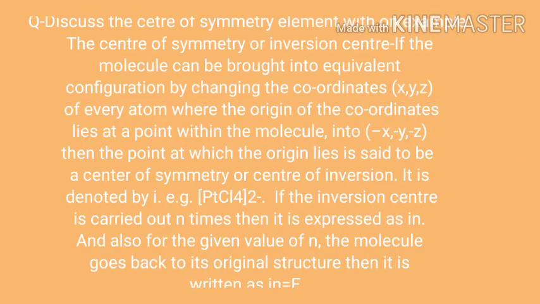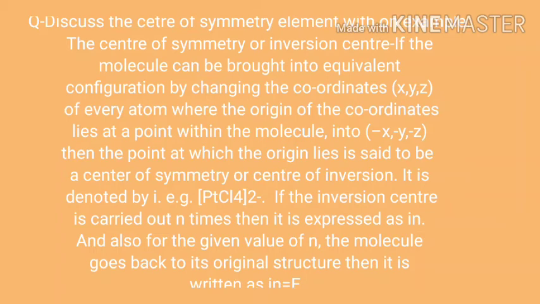Now let's see the definition of center of symmetry. The inversion center, the center of symmetry, definition is: if the molecule can be brought into an equivalent configuration by changing the coordinates, that is x, y, z of every atom, where the origin of coordinates lies at a point within the molecule, into minus x, minus y, minus z, then the point at which the origin lies is said to be a center of symmetry or center of inversion.